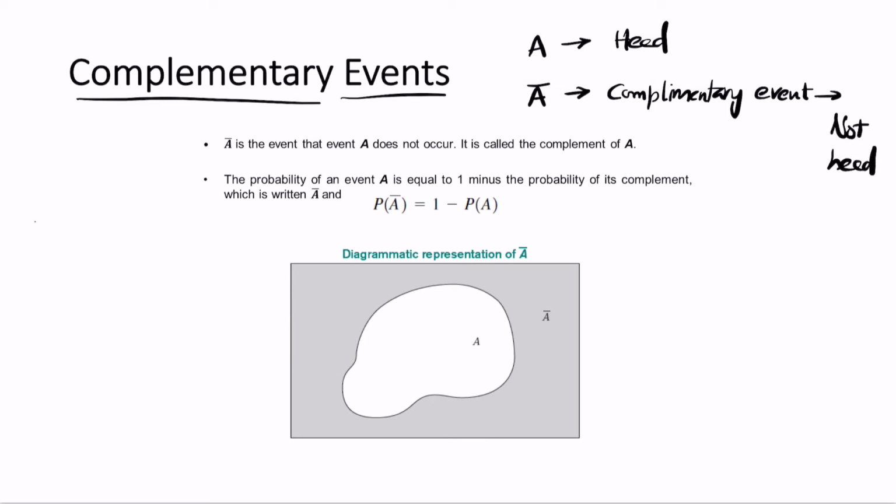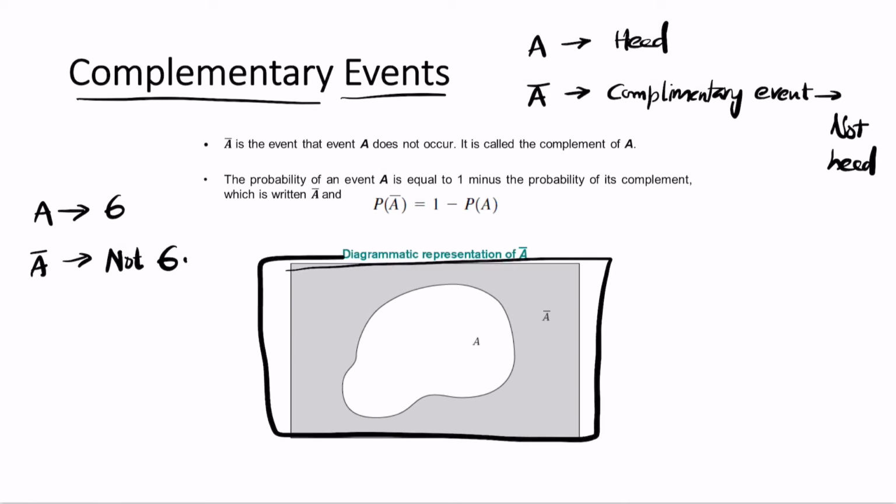In the same way, if you consider A is the event where you get a number 6, A bar is the event that represents the probability of not 6. So everything opposite to the event is the complementary event. If you consider a single diagram that represents the total sample space and A is the event, everything outside A represents A bar, and the rule in probability is that P of A plus P of A bar is always equal to 1.